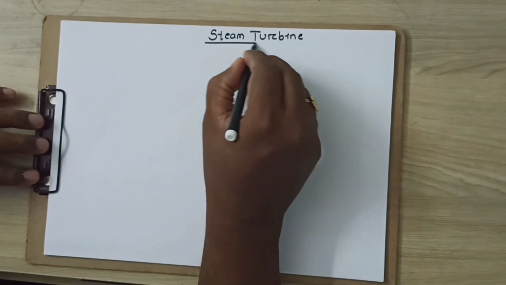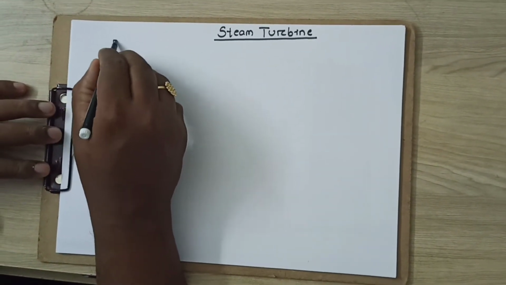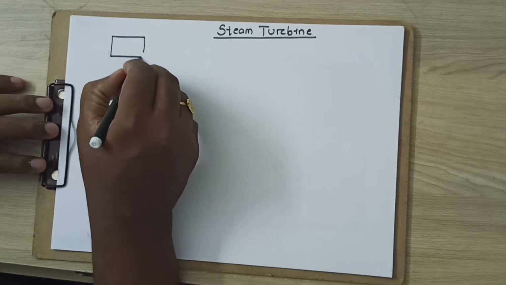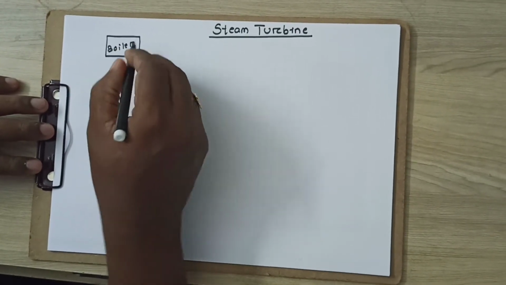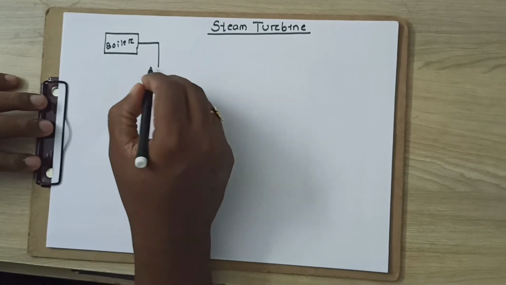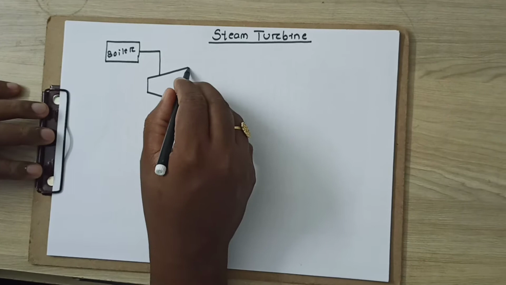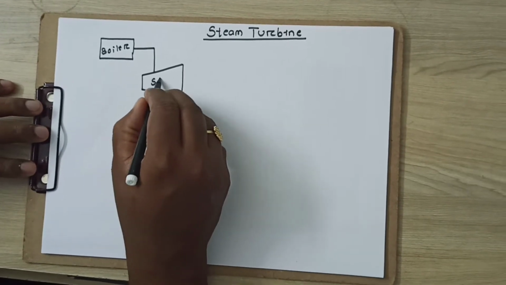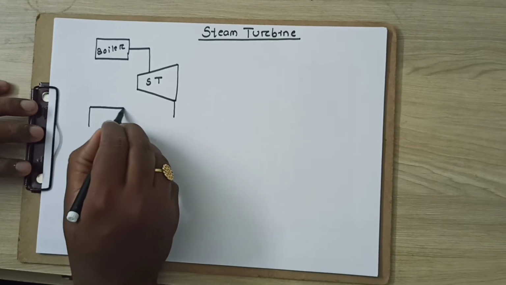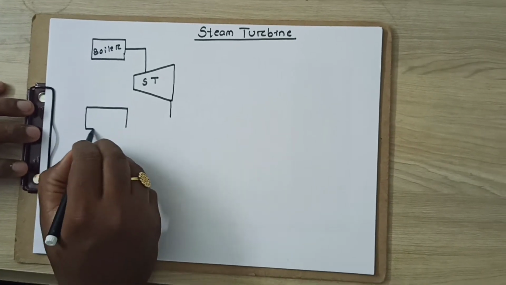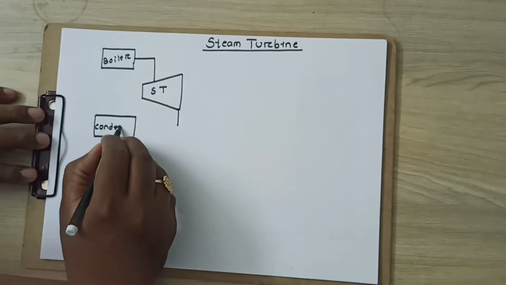I will start from this Rankine cycle where it is being located. This boiler, and here this will be the steam turbine. From the exit of the steam turbine, the extract will be communicated to the condenser.